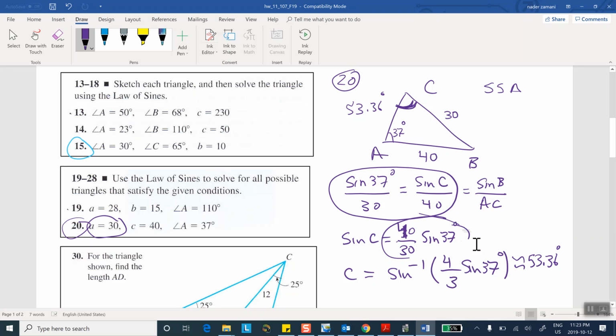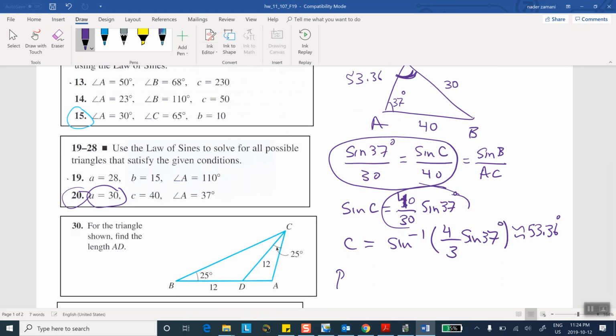And we can find immediately angle B. Angle B is equal to 180 minus the C that we found, 53.36, plus the 37, which is angle A. So this is 180 minus 90.36, if I didn't make any mistake.